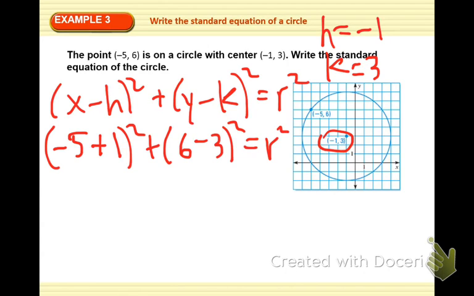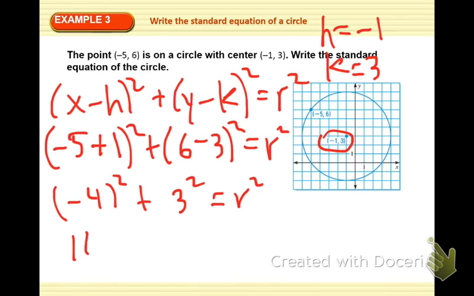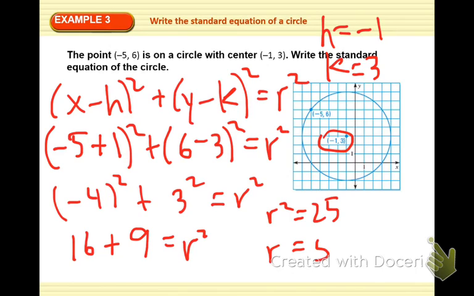Now we simplify this. So that's going to be (-4)^2 + 3^2 = r^2. So that's going to be 16 + 9 = r^2. So r^2 = 25. R equals 5. All right? So the radius of the circle is 5.